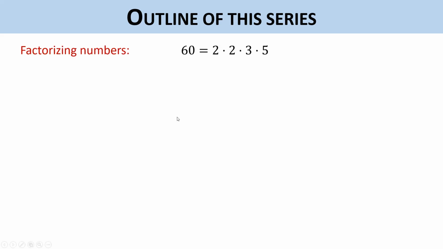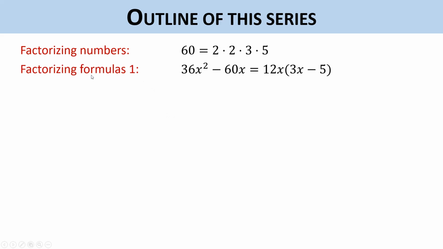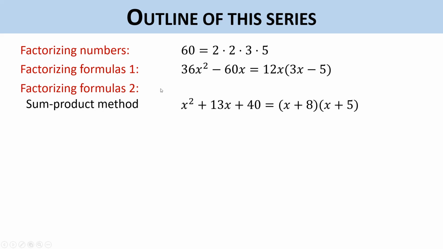So in this series, we will first look at factorizing numbers, and then at factorizing formulas, and then finally at factorizing quadratic formulas with 3 terms, which is the most difficult case. And we will do that using a method based on the idea of finding 2 numbers with a given sum and product, the so-called sum-product method.